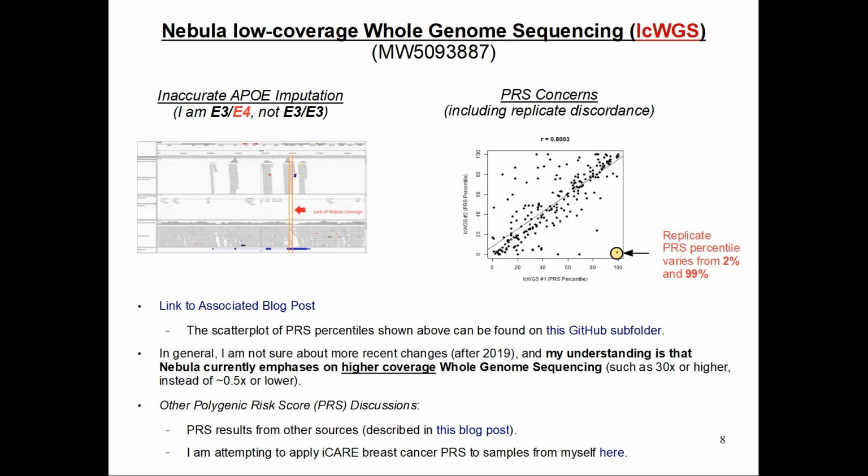My understanding is I think Nebula may be focusing more on higher coverage sequencing now, which would make this exact point not as relevant, but I still think there are some ways you can get low coverage whole genome sequencing, and for humans and actually even non-human species, you can get these sorts of ways to do imputation.